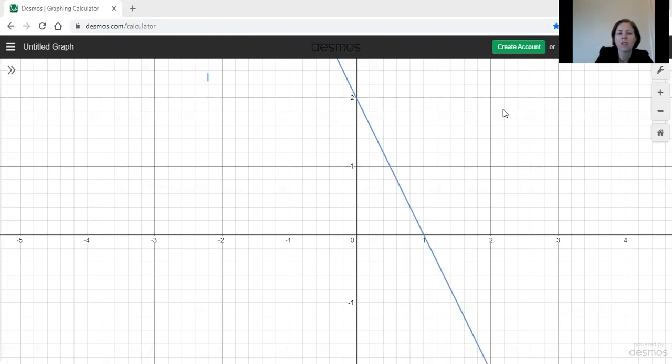So if I now look at the graph that I've got here, it's a straight line graph. So I start up the top here and I go all the way down, all the way down. It's a straight line, which means my gradient doesn't change.